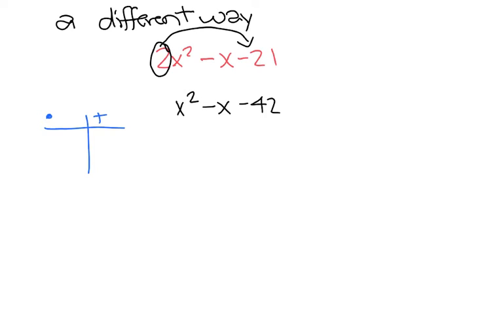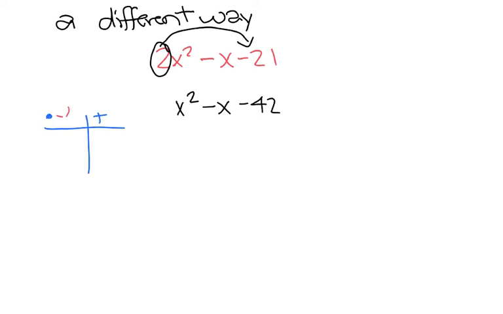Okay? So I'm rewriting the problem where I'm taking away the lead coefficient of 2 and making the lead coefficient 1 again. All right? We're going to go back to that 2, though, so don't forget about it. We are going to get back to it, but let's just work this out like we normally would.